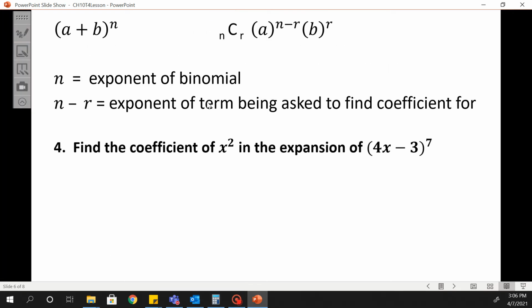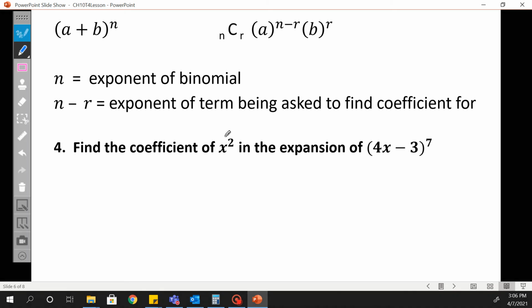All right, so let's do this again. So we're going to find the coefficient of the x squared term. So the n minus r is the exponent of the term being asked. So n minus r is 2. The n is the exponent of the binomial. So we're finding the x squared term in the expansion of 4x minus 3 to the 7th. So n in this case is 7, which means that r is 5, because 7 minus 5 would be 2.